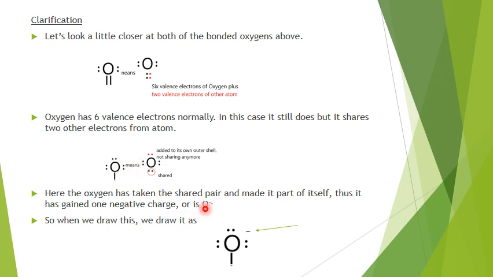And so this guy has a negative charge. So whenever you draw a single bonded, 3 lone paired oxygen, it technically has 1 negative charge. And that's because one of these electrons was stolen from the atom that's attached to it. Okay. So it has 1 extra electron. So it's O minus.